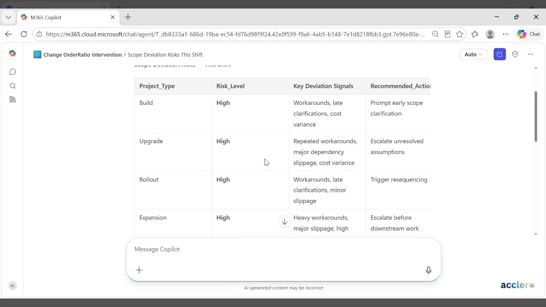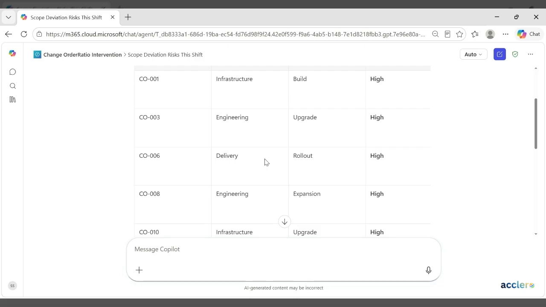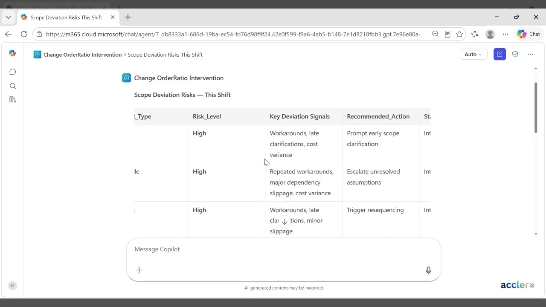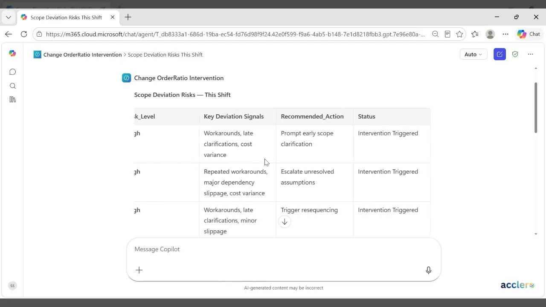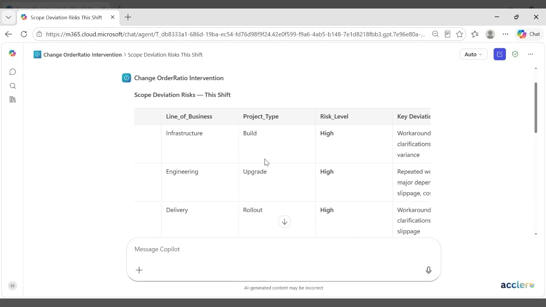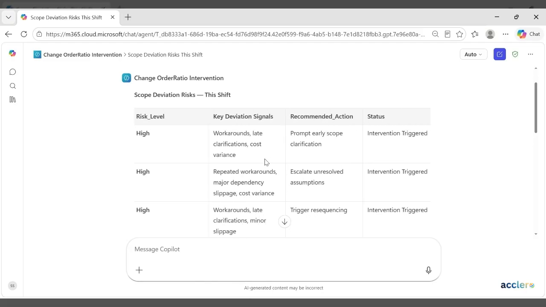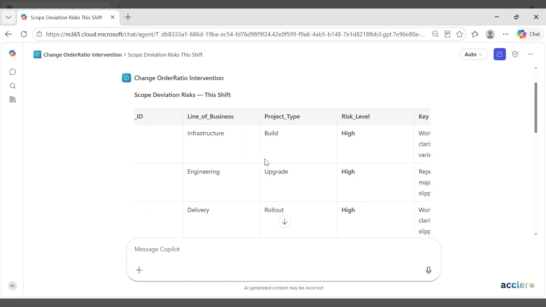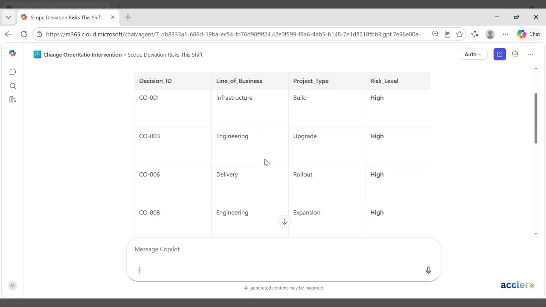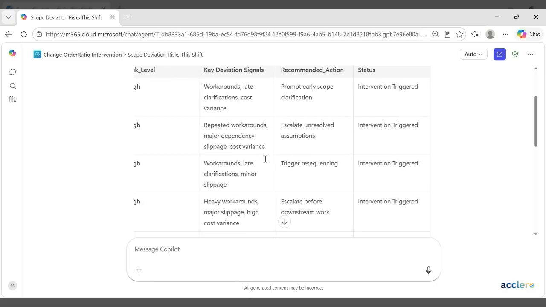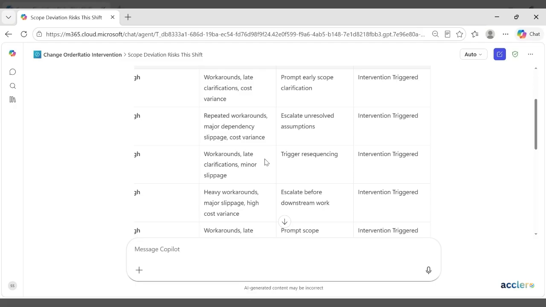We can see multiple projects flagged as high risk, driven by repeated workarounds, late design clarifications, and rising cost variance. Instead of allowing the execution to continue, the agent recommends immediate actions like scope clarification, then escalation, and then triggering resequencing.